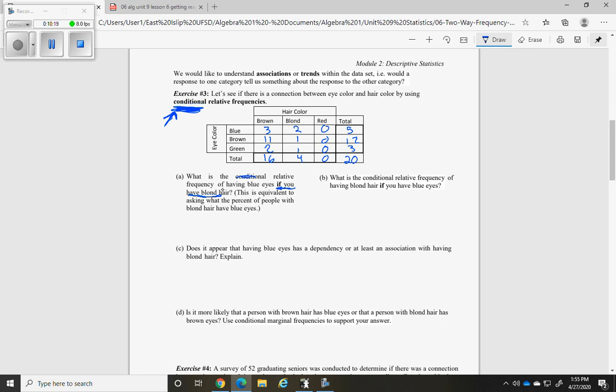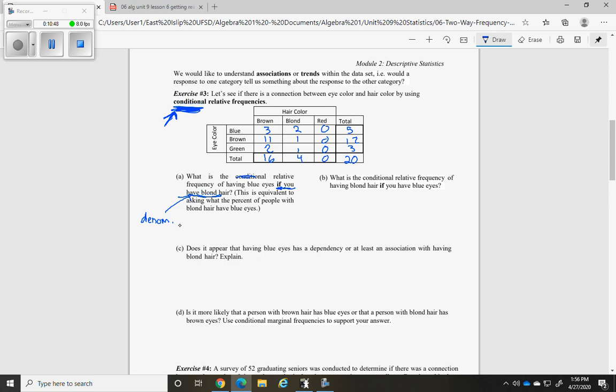So what is the conditional relative frequency of having blue eyes if you have blonde hair? And it tells us in parentheses here that this is equivalent to asking what the percent of people with blonde hair have blue eyes. So since you have to have blonde hair, we're only looking at the blonde-haired people, which means this, if you have blonde hair, tells us what number to use as our denominator.